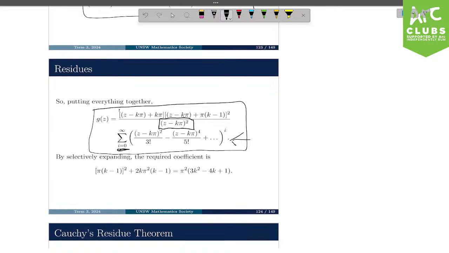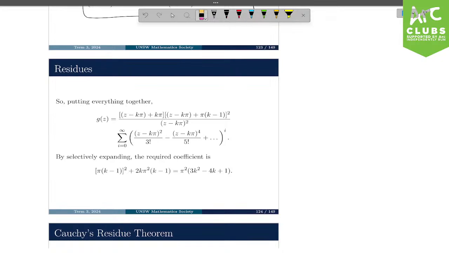So now we just need to grab the z to the 1 term in this expression. By grabbing the z to the 1 term in this expression, we can then determine the z to the minus 1 coefficient. It's a little convoluted, but the way they go about it, just bare basics, is saying, okay, if i is at least 1, then my lowest power I am dealing with is 2, which is this z minus k pi to the power of 2.